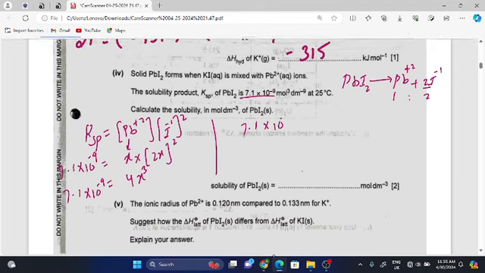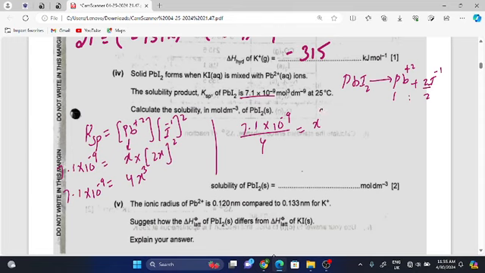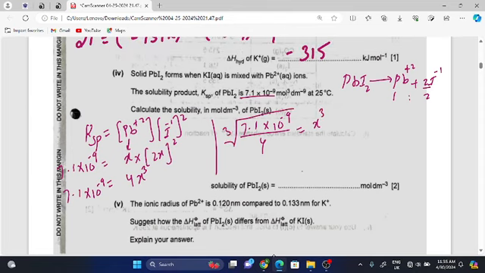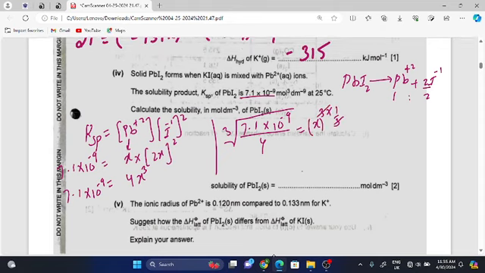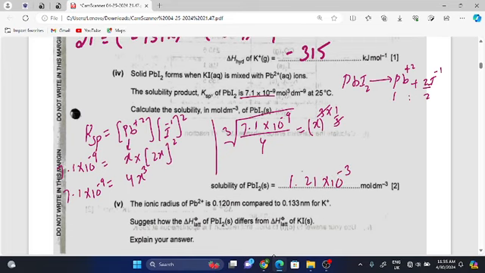Then apply the cube root. After taking the one-fourth and the cube root, I get my answer as 1.21 times 10 raised to the power of minus 3. That will be the answer.